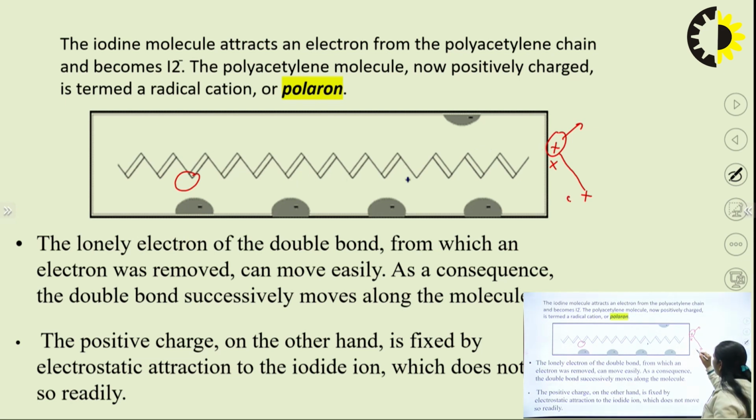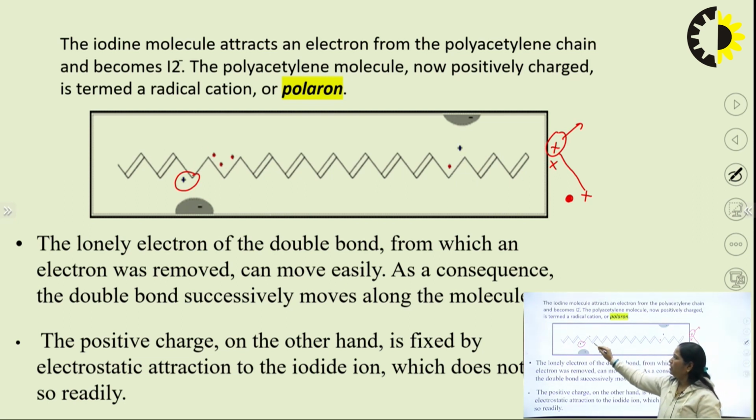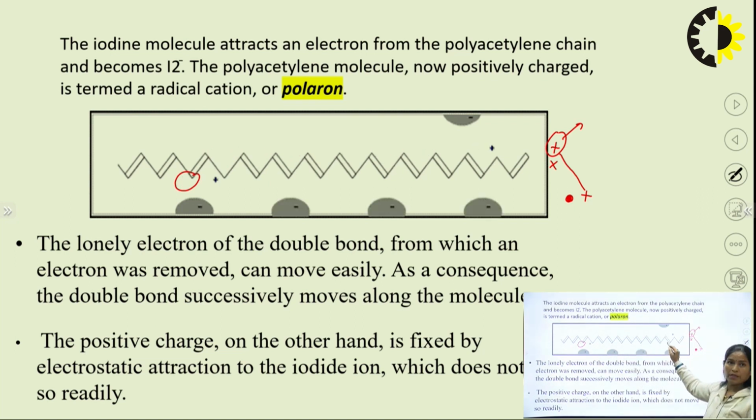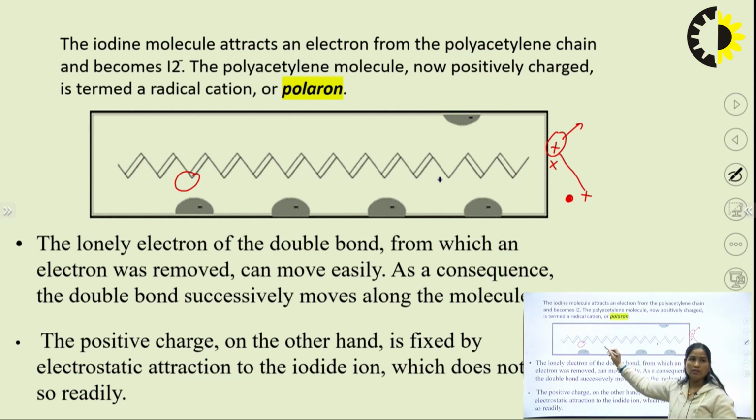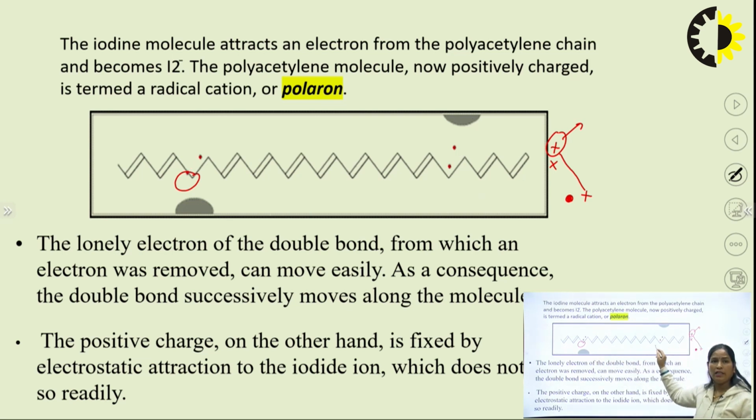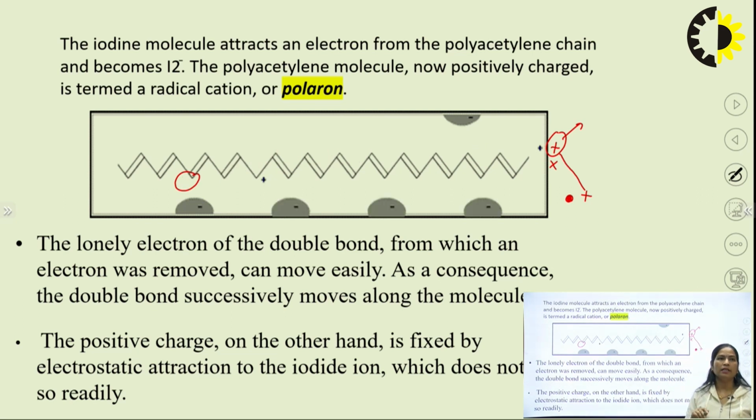This other electron becomes free in nature, and we can observe in this series that this electron is jumping, leaving behind delocalization of the positive charge. So earlier the positive charge is here, now it is getting delocalized. This delocalization of positive charge makes this compound conducting, and good conducting, in nature.